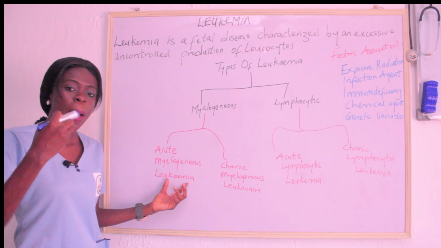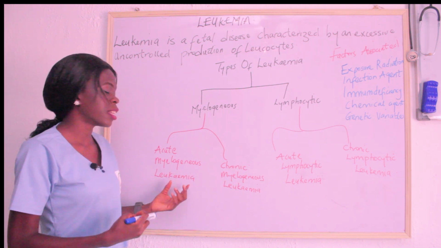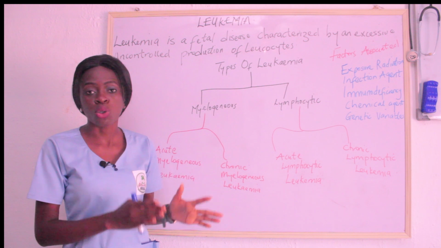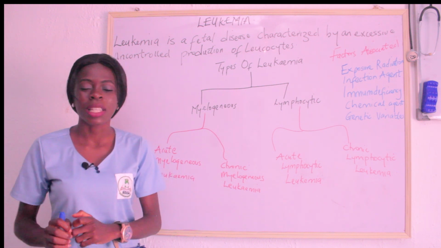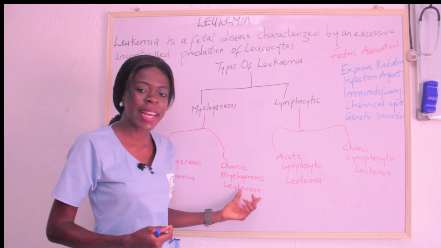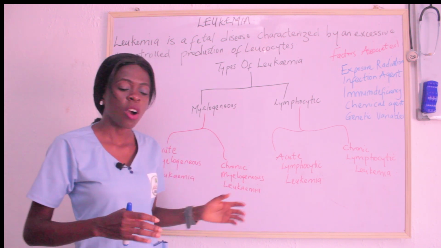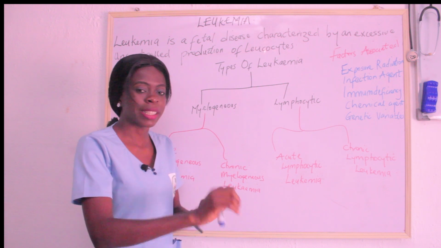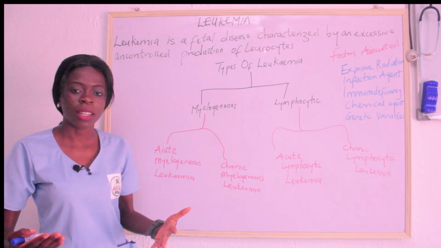So acute myelogenous leukemia is common both in children and in adults, and it occurs what? Quickly. The second, chronic myelogenous leukemia, occurs slowly, and it is common in adults.